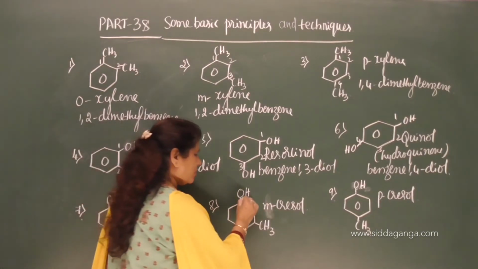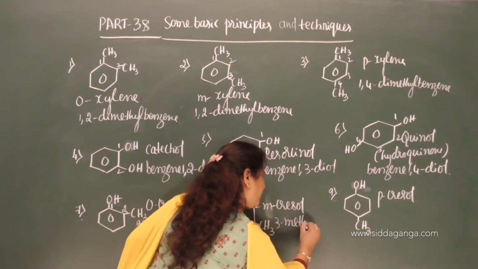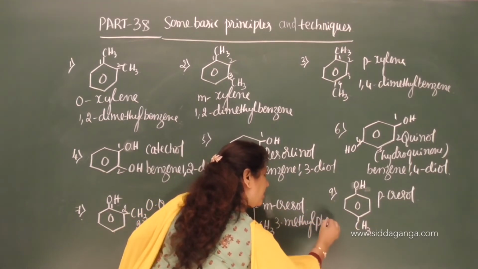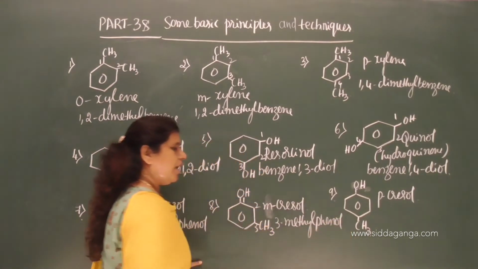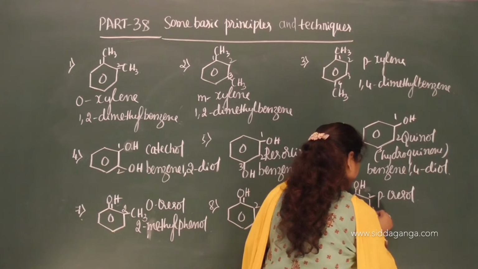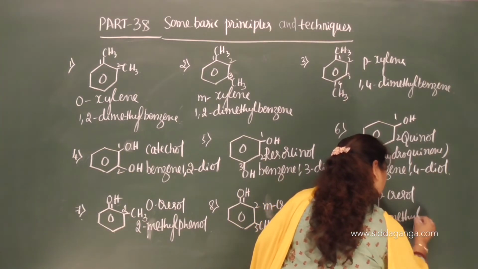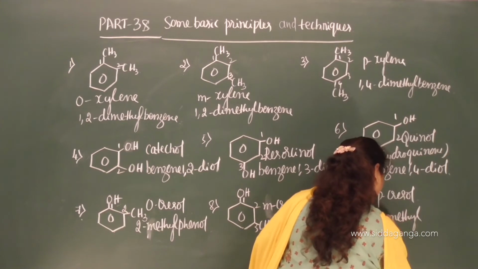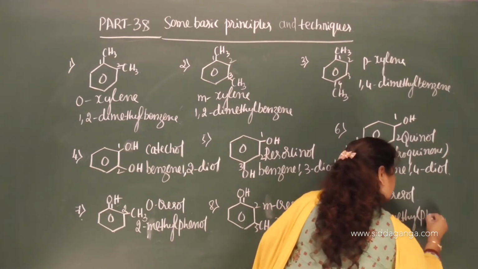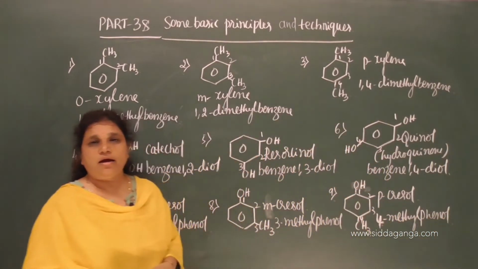And what about this? 1, 2, 3. This is 3-methyl phenol. 3-methyl phenol is the IUPAC name of meta-cresol. Now you can give 1, 2, 3, 4. So 4-methyl phenol is the IUPAC name of para-cresol.